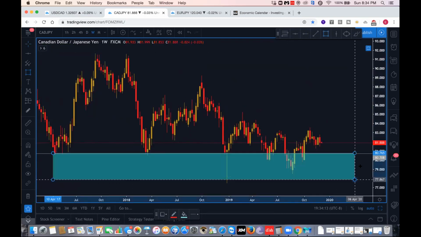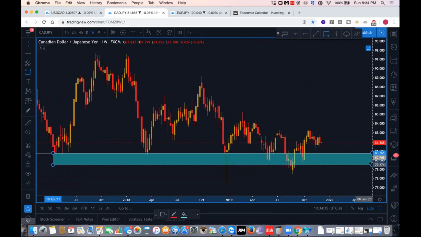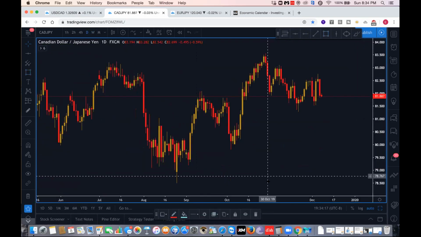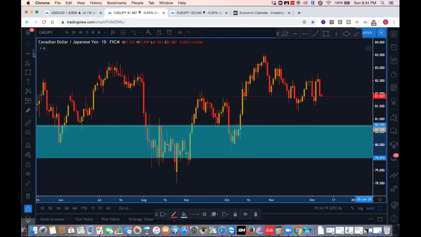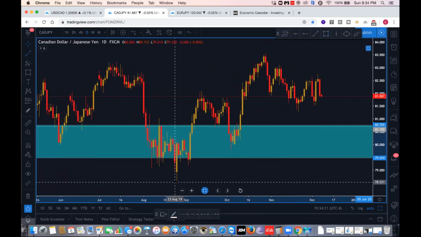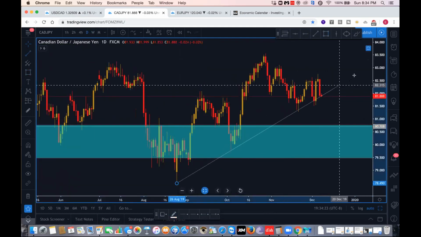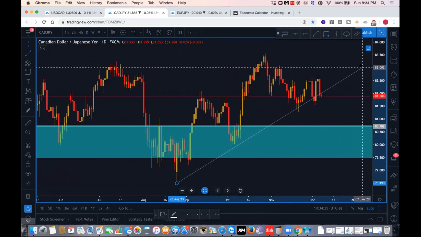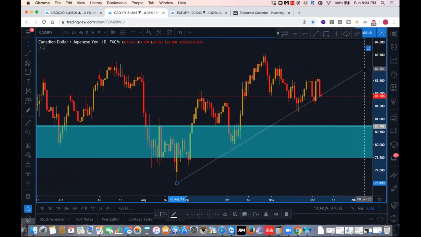Something like, oh, it didn't click. Yeah, something like that. So go to the daily chart. You can draw a trend line from this low here, connected to this point, like that.